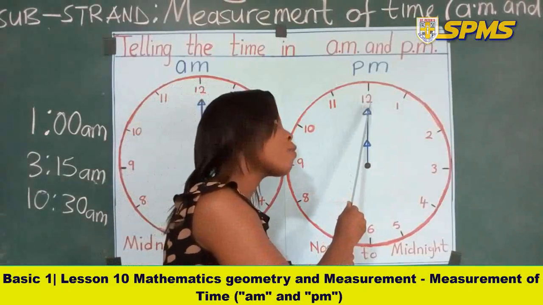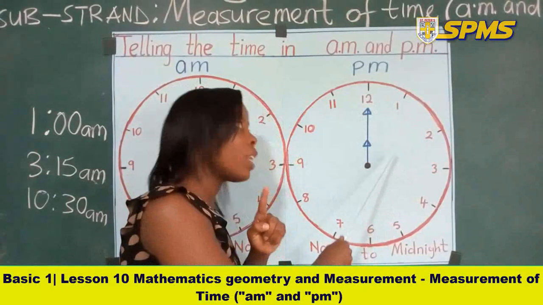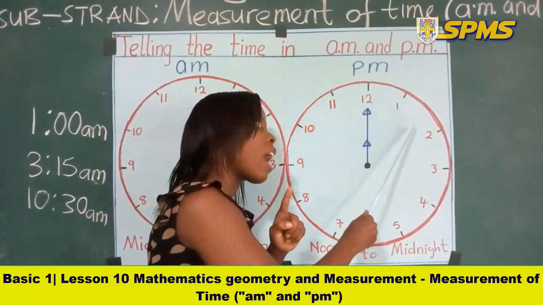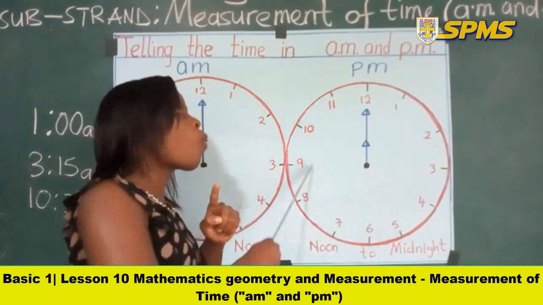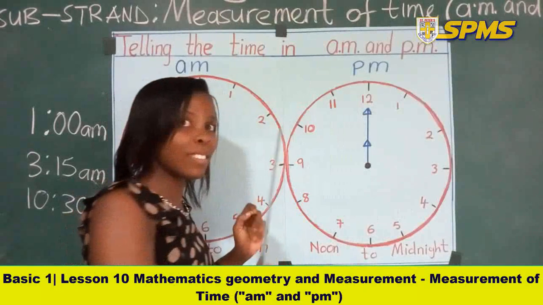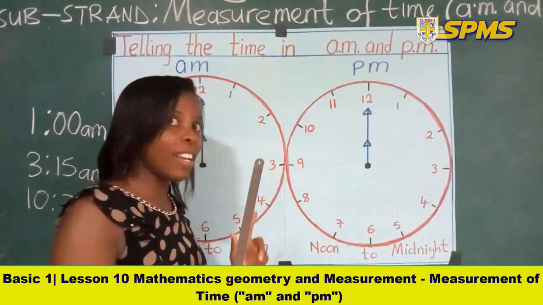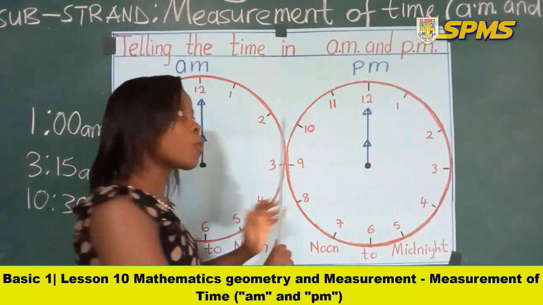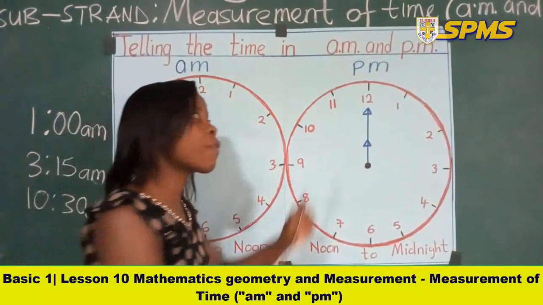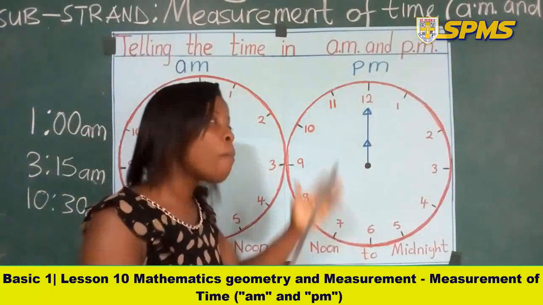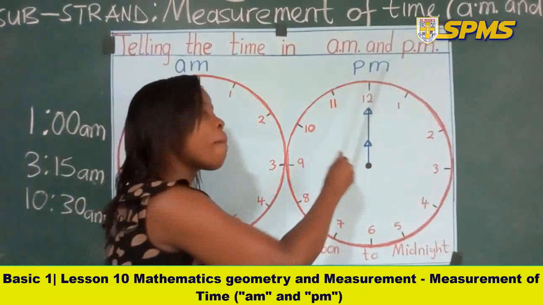It also moves round, the minute hand and the hour hand. They are all going to take a full movement for another 12 hours again. Then we have the 1 day. So the second part of the day, which starts from noon or midday, is known as PM.